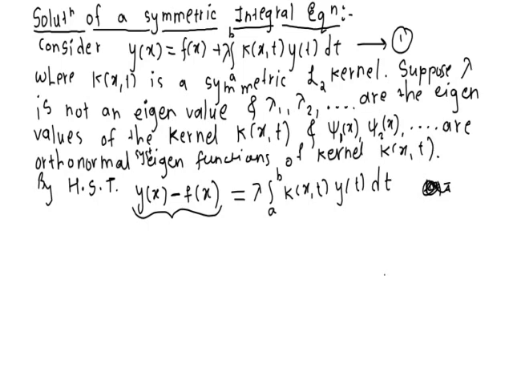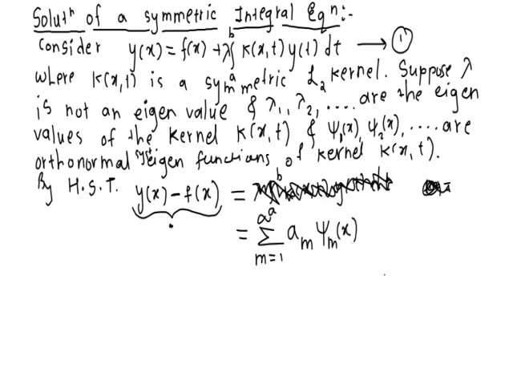Hence I can write this function on the LHS, that is y of x minus f of x, by using the Hilbert-Schmidt theorem, as the summation with m going from 1 to infinity, where the Fourier coefficients we'll call a m, times the function xi m of x.